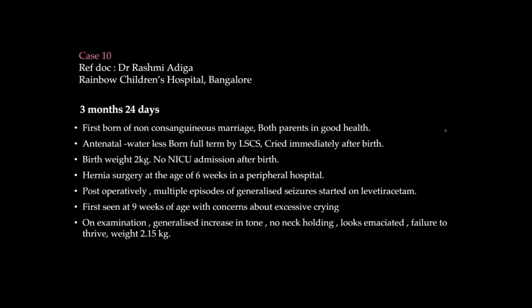But at birth, I don't have the head circumference. But 2 kilos is too small for an Indian baby at term, is it? No, there are many babies. I have had 2 kilos myself. A lot of babies are 2 kilos. Many of them do well. Many of them do have hypoglycemia also.